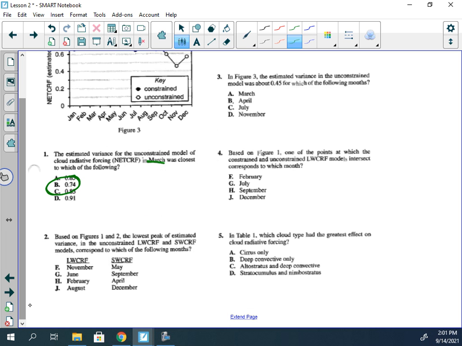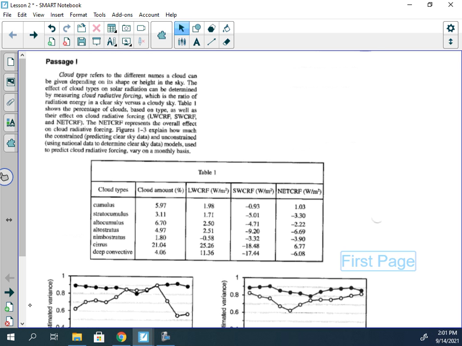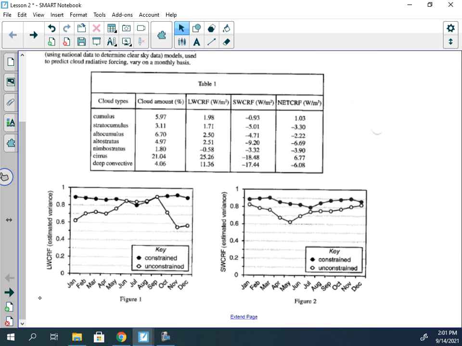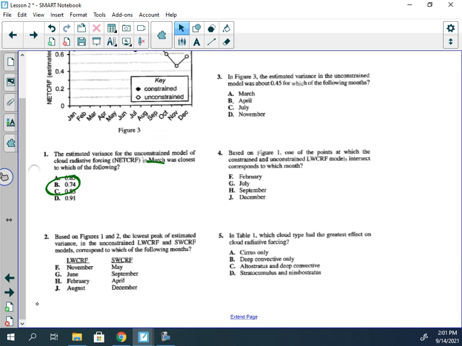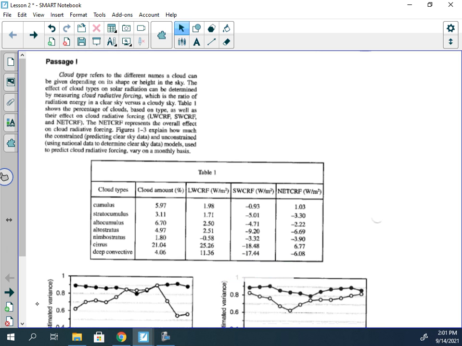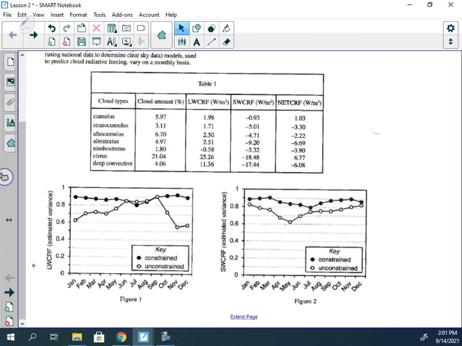Question number 2, based on figure 1 and figure 2, the lowest peak of estimated variance in the unconstrained LWCRF and SWCRF models corresponds to which of the following months? Well, again, we're talking about unconstrained between figures 1 and 2. Well, in figure 2, that right there is the lowest, which is at May.